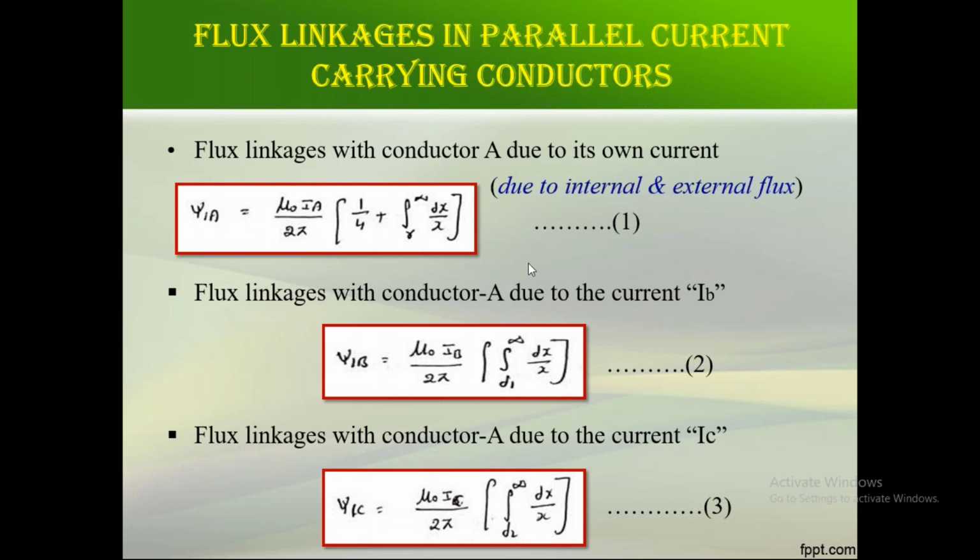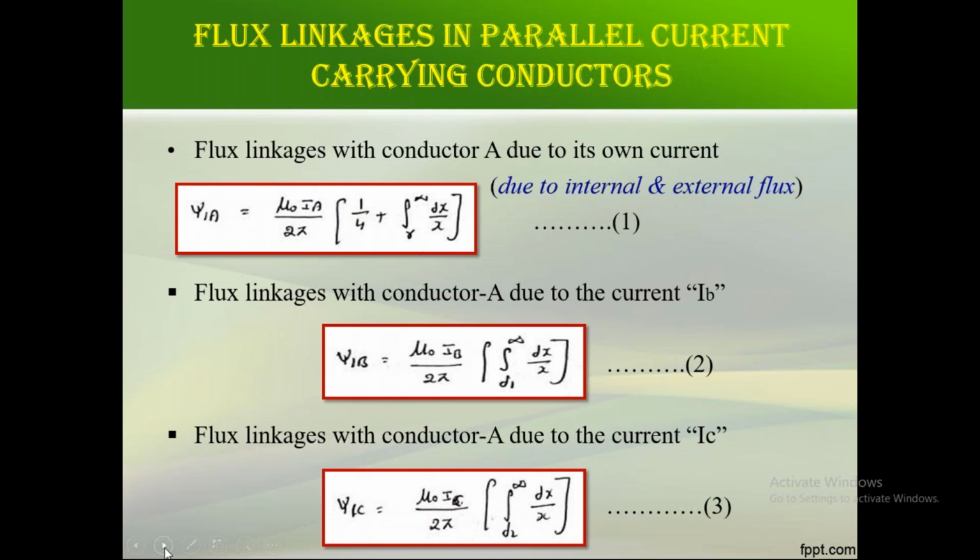The first equation is obtained from conductor A, which experiences both internal and external flux. The second equation we obtained from conductor B, due to its flux linkage with conductor A, and the third equation from conductor C, due to its flux linkage with conductor A. So for finding the total flux linkage, we have to add these three.